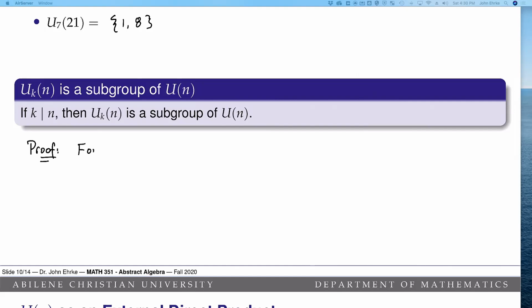So let's let A and B be in U sub k of n. Then that implies that A mod k is equal to 1, and B mod k is also equal to 1 by definition.